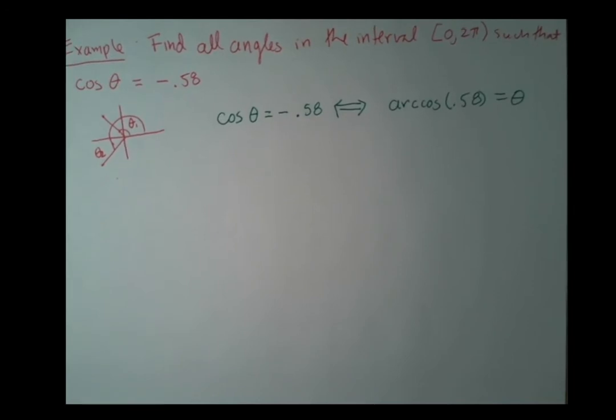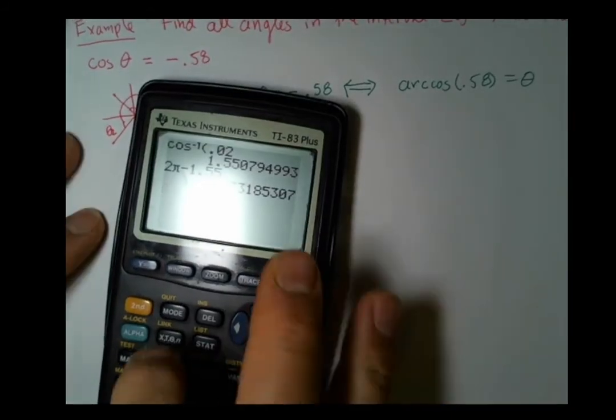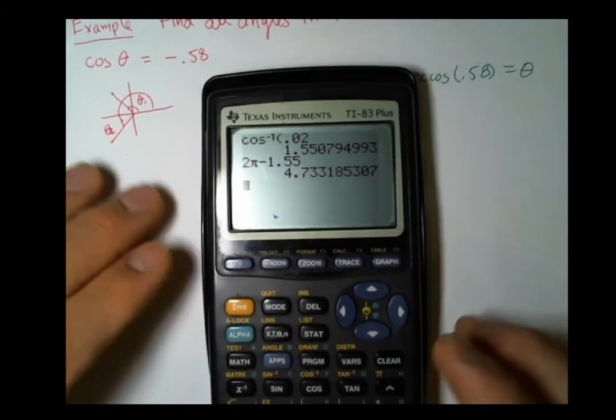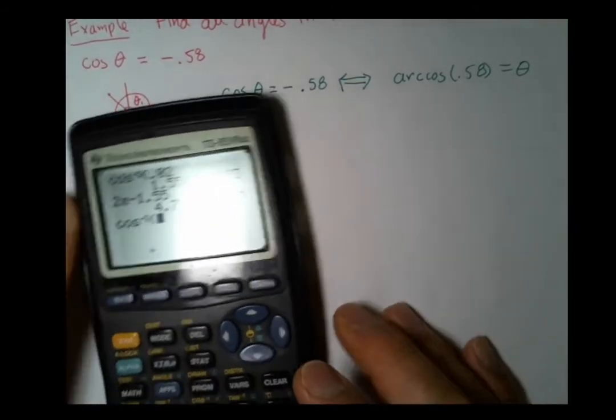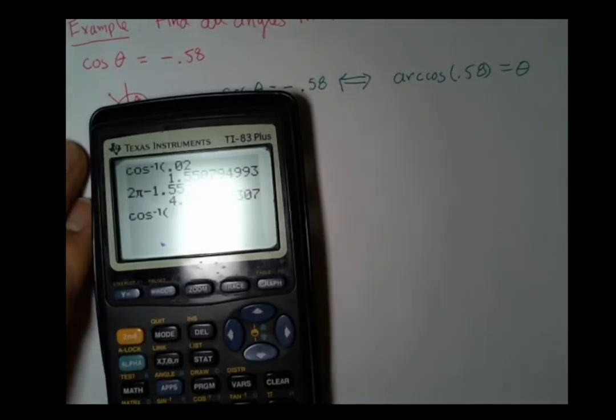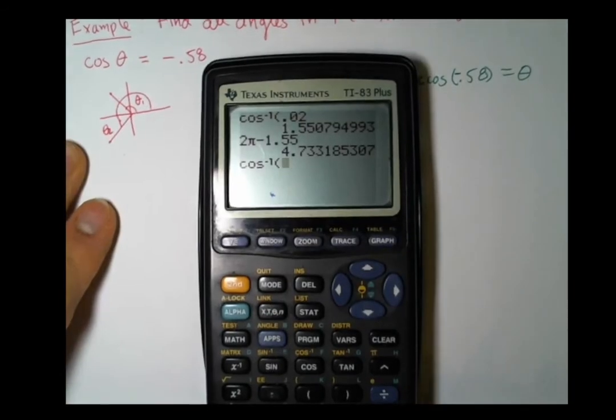So we take our calculator out, and let's use our inverse cosine of negative 0.58.